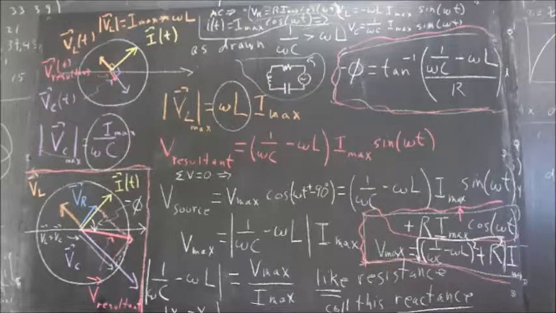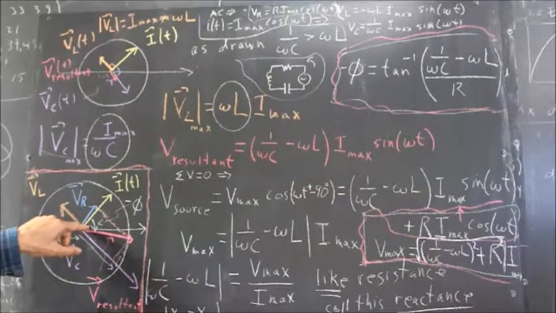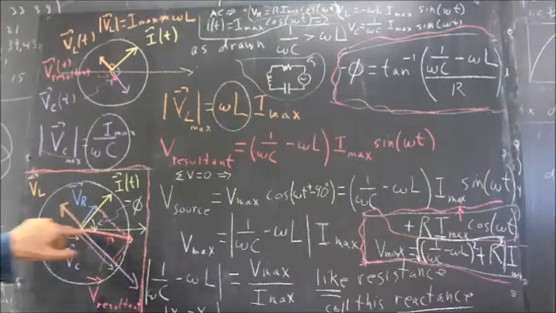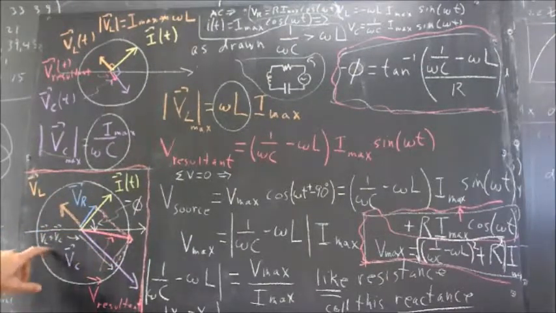Okay? So if this is negative phi, then the tangent of this angle, just according to this triangle here, is the opposite side, which is VL plus VC, divided by the VR.